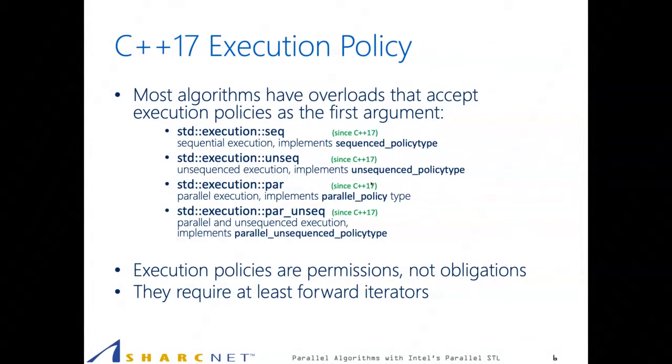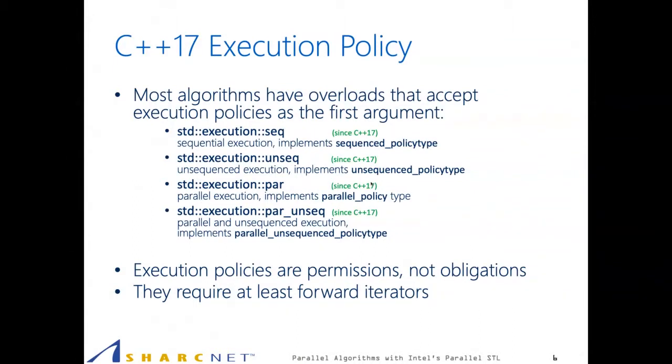Based on the standard, they require at least forward iterators. So you can provide, for example, vectors, which have random access iterators but also support forward iteration, and also lists, for example. But some implementations, for example Intel's, may have other restrictions.